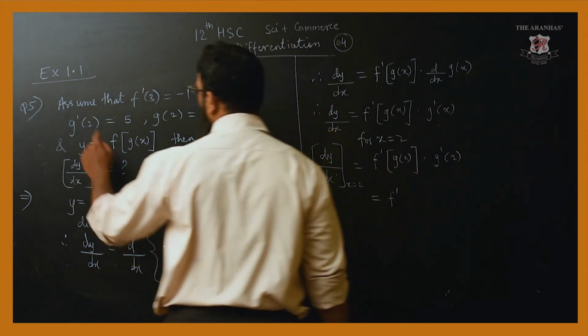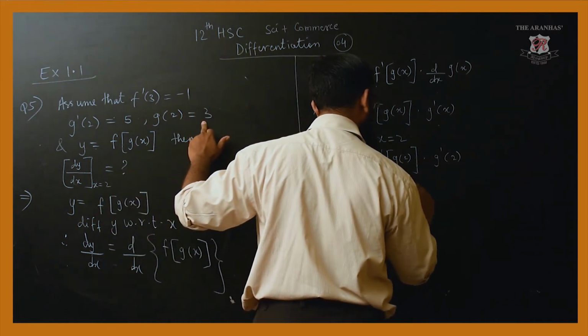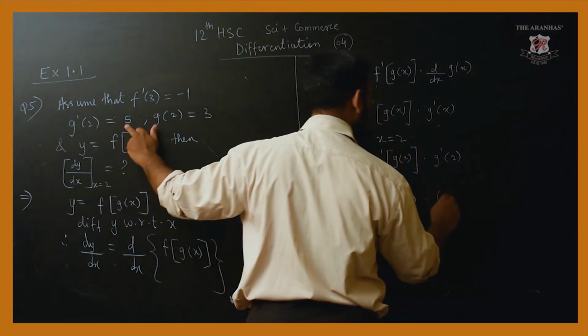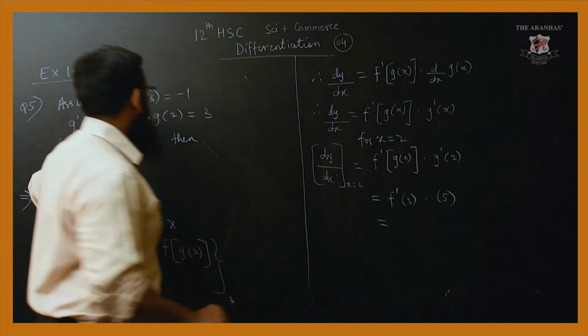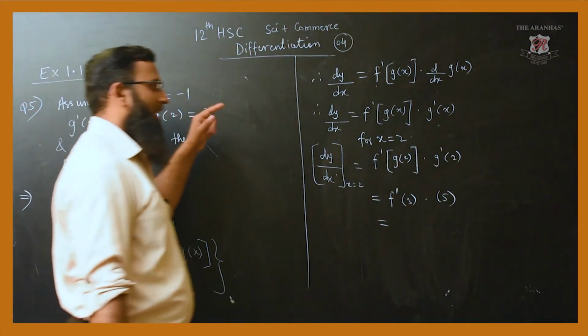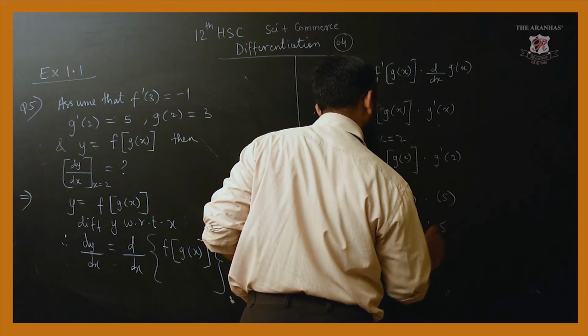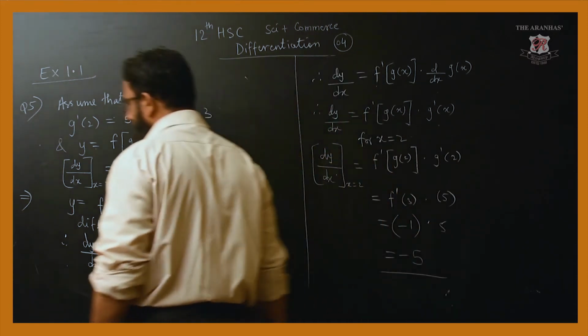Now g of 2 is 3 and g dash of 2 is 5. But again you have to see what is f dash of 3. F dash of 3 is -1, and into 5. So the answer comes out to be -5.